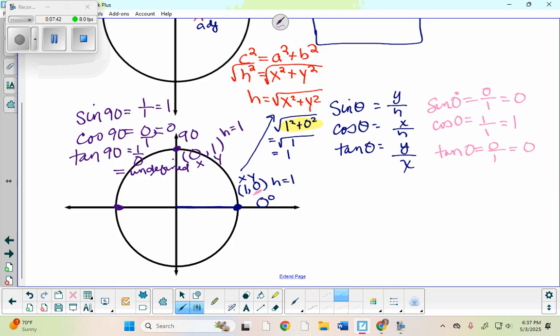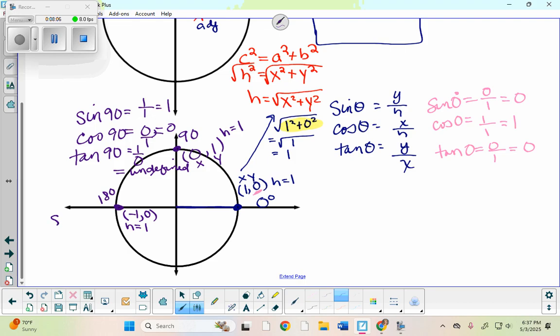Now let's talk about 180 degrees. So looking at the location of that, we would have to go back 1, so your x would be -1, your y would be 0. And again, if you square -1, you'd get 1. If you square 0, you get 0. So the square root of 1 is 1, so your hypotenuse would equal 1.